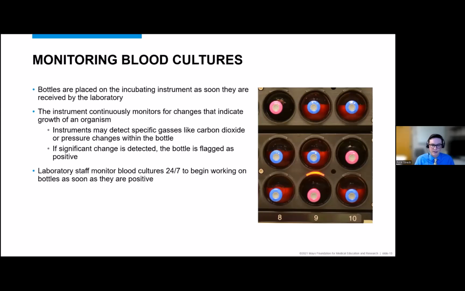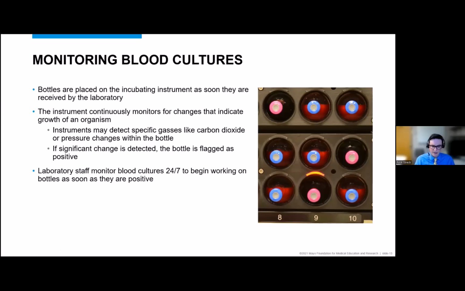So as soon as these indicators are identified in an individual bottle, the microbiology staff, the technologists working, will be notified by the instrument through lights and alarms, depending on the instrument you're using, that we have a positive blood culture bottle that needs attention. And this is a picture here. You can see this bottle is what is being flagged by the instrument as positive and initiating downstream work.